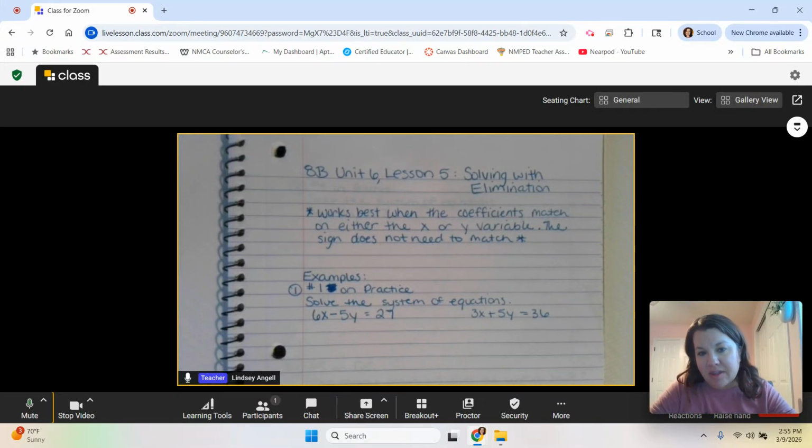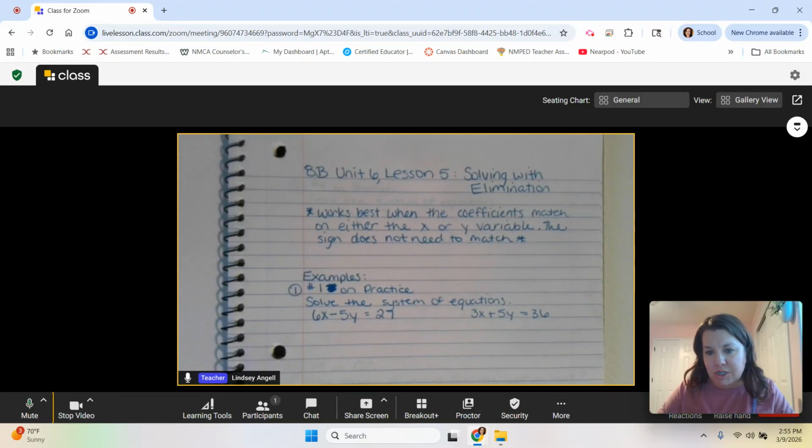So, kind of like the last video and the last lesson, I'm going to go straight into examples, just because I feel like the explanation works best when seeing it worked through. This method works best when the coefficients match on either the x or the y variable, and the sign does not need to match, okay?